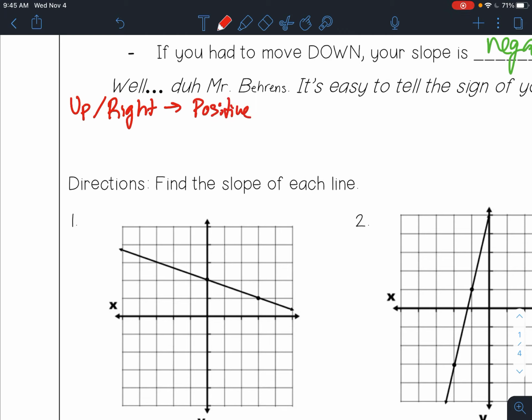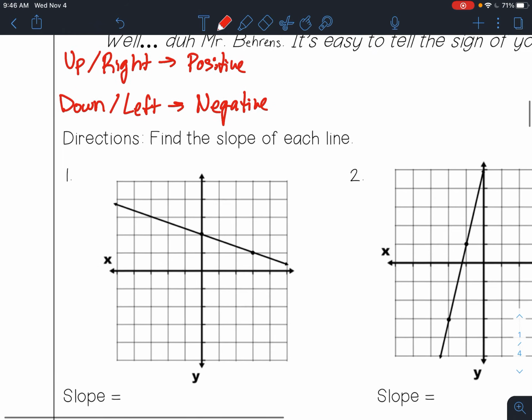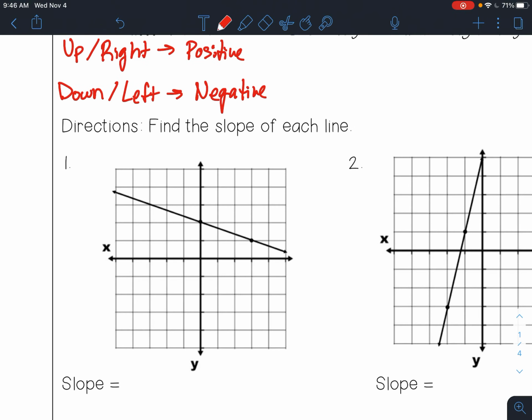So if I move towards the right on my x values, that's increasing the x values, so that's going to be a positive change in my x's. Same thing moving up. If I move either down or to the left, we are decreasing x or y values, which means that change is going to be a negative change, which will become important when we start looking at what I call slope triangles.